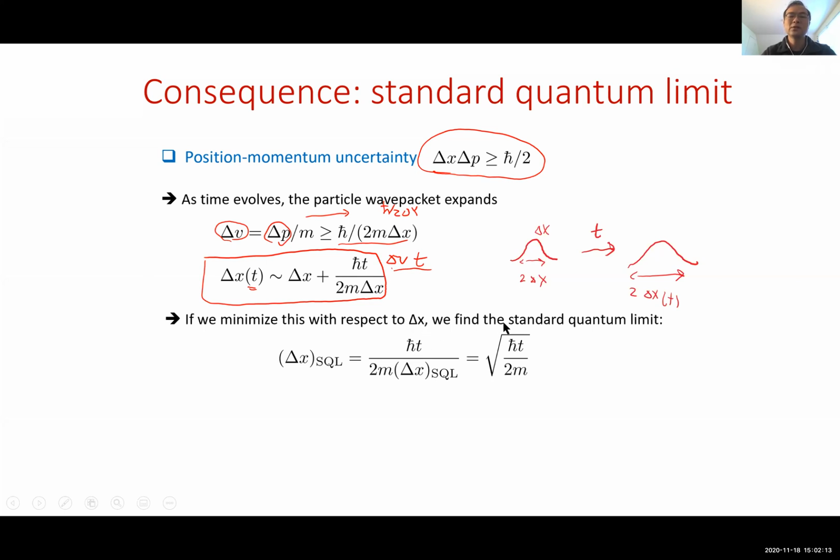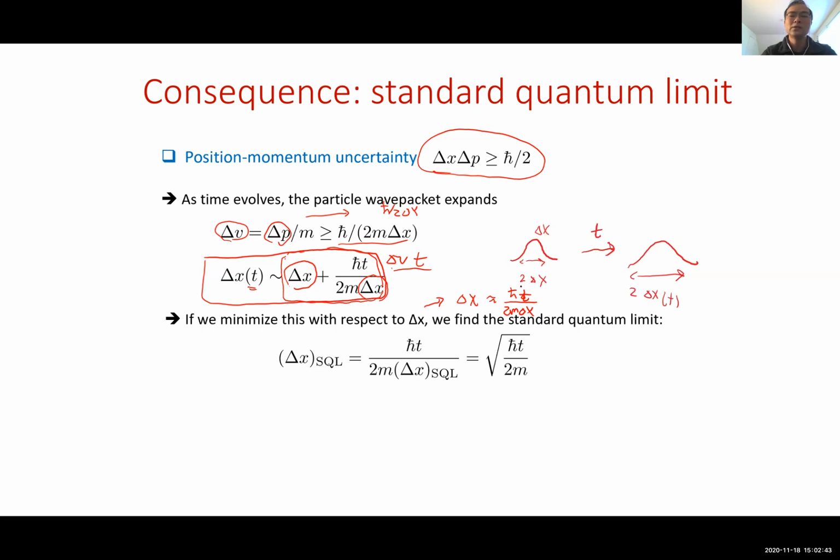Okay, so if we minimize this expression with respect to delta x, what you get is that the two terms would roughly be equal. You can really just take the derivative with respect to delta x and try to find the extremal value, but roughly this term increases with delta x, this term decreases. So the extremal value occurs when these two balance.